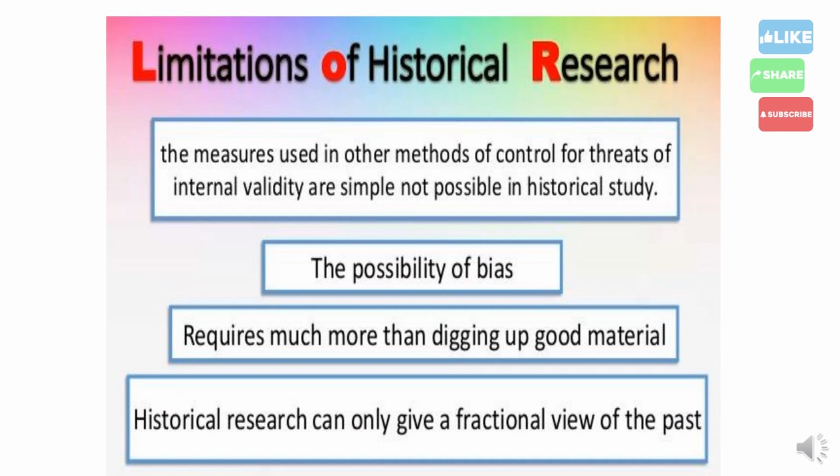There are some limitations as well. The major methods of control for threats to internal validity used in other methods are simply not possible in historical study. So the possibility of bias requires much more than digging up good material. Historical research can only give a fractional view of the past.